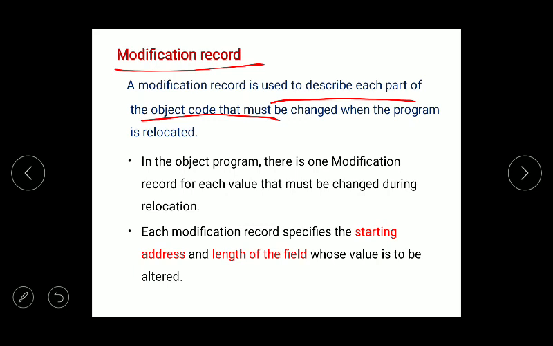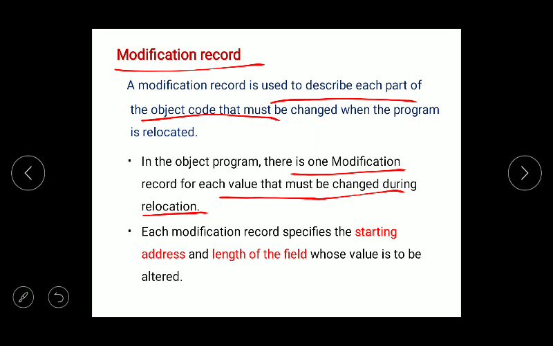So in the object program, there is one modification record for each value that must be changed during relocation. If we have three format 4 instructions in the program, then 3 modification records have to be inserted. If we have 4, then 4 modification records. That is, however many format 4 instructions there are in the program, that many modification records have to be inserted. So what are the contents of that modification record?